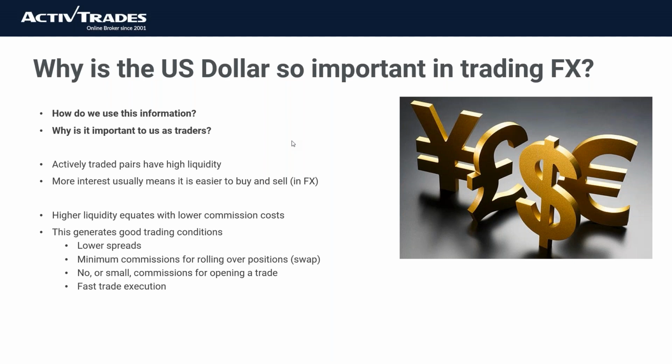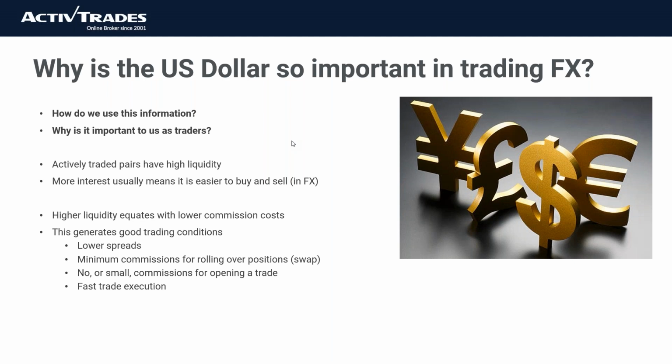Actively traded pairs have higher liquidity, which means you have more interest in them, which usually means it's easier to buy and sell in FX. It shouldn't necessarily ever be an issue for you as a private trader to buy and sell in FX, but you have to understand and recognize that the major players start to become a key element in having that liquidity, of which we'll talk a little bit more.